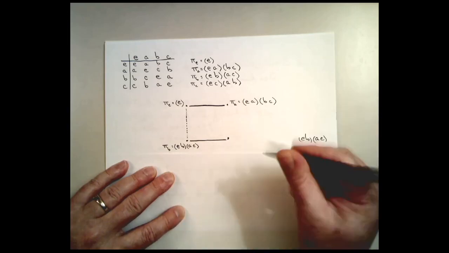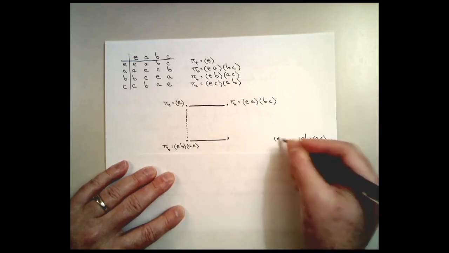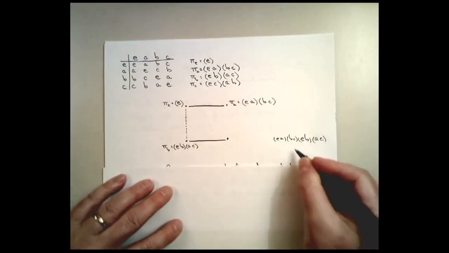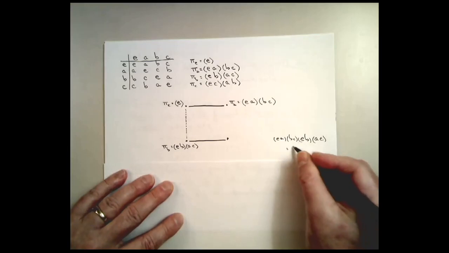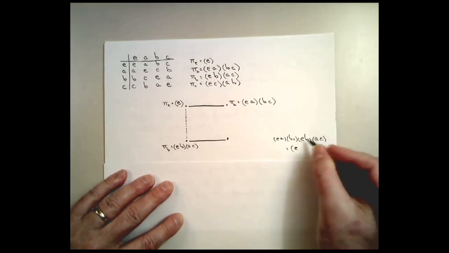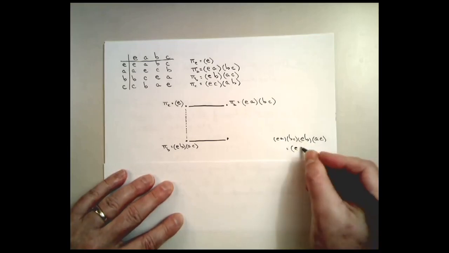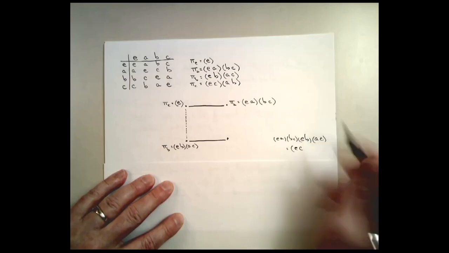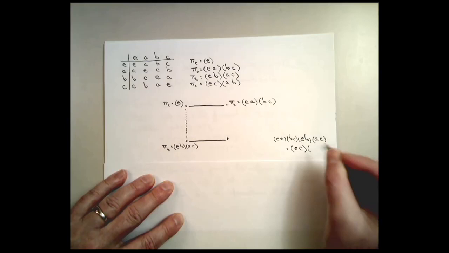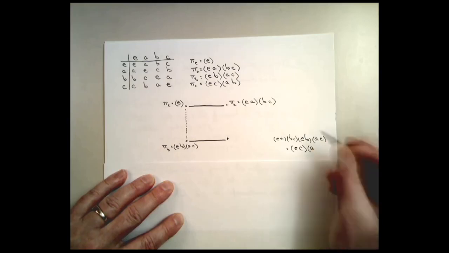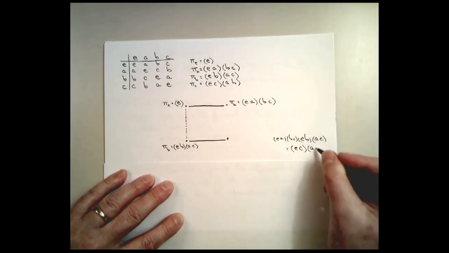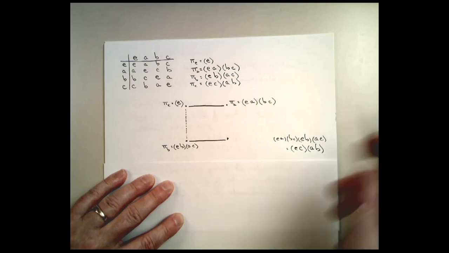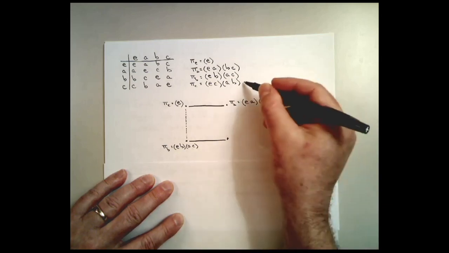to, let's see, so that solid arrow represents E, A, B, C. So let's see, that's going to send E to B and then to C. It's going to send C to A and then to E. A is going to go to C and then to B, and then B is going to go to A, which is in fact the one I had not written down yet.